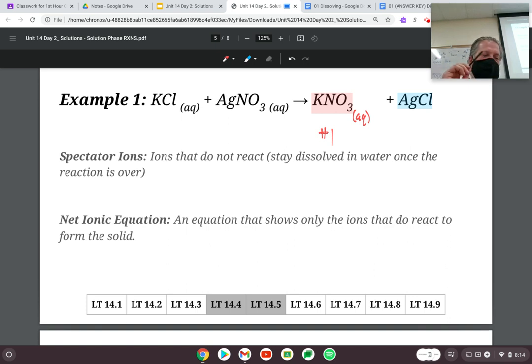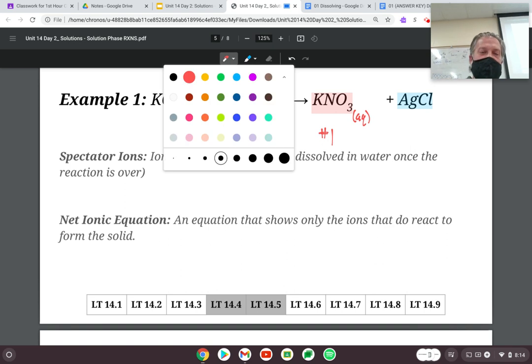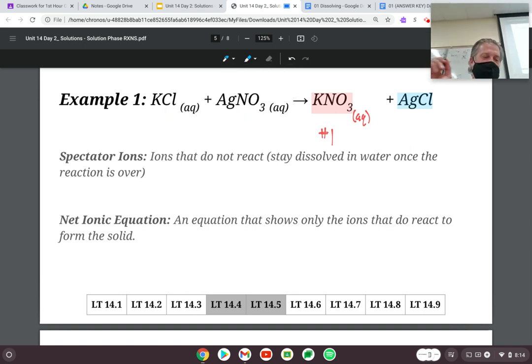Rule number 2 says halides. All chlorides, bromides, and iodides are soluble except if they're paired up with silver, mercury, or lead. So I have a chloride, Cl, right? And I want to believe that it is soluble because all chlorides are soluble except if they're paired with silver.